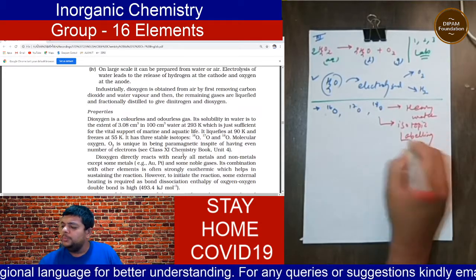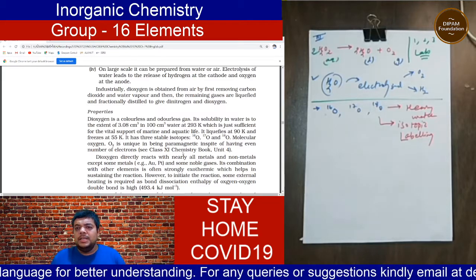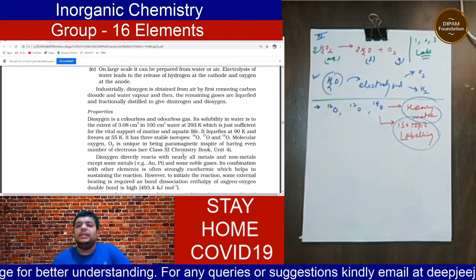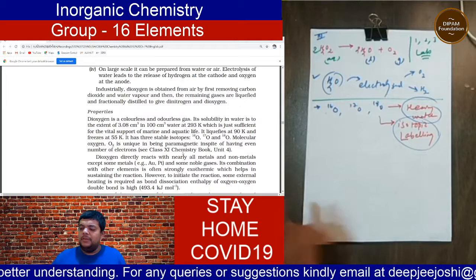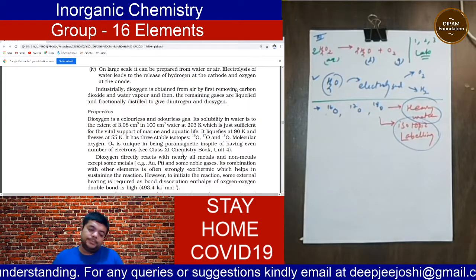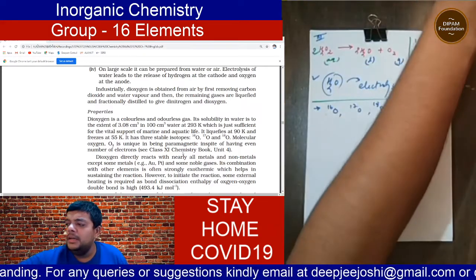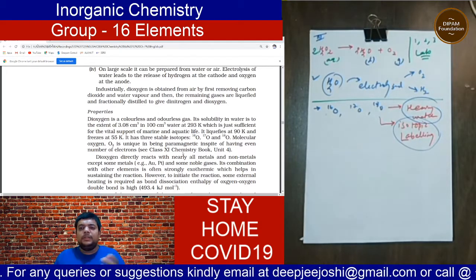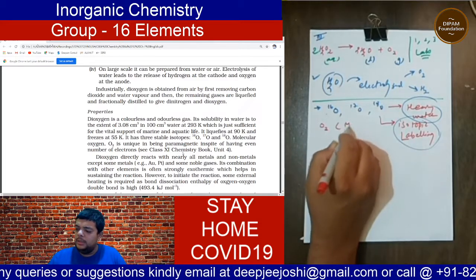I would urge you that as of now you just remember these names, because in the same year of your study you are going to learn these two things very detailed. So I will not waste any time over here. It is one of the component in heavy water, and it is used as one of the parameter in isotopic labeling.